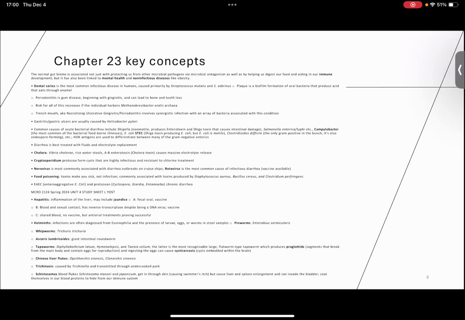These are lysogenic conversion genes that the bacteria got from a viral infection. It produces these toxins that cause cells to release their electrolytes and fluids, a massive electrolyte and fluid release from the cells, leading to massive dehydration, and it can be deadly. So that's cholera. It is fecal-oral transmission.